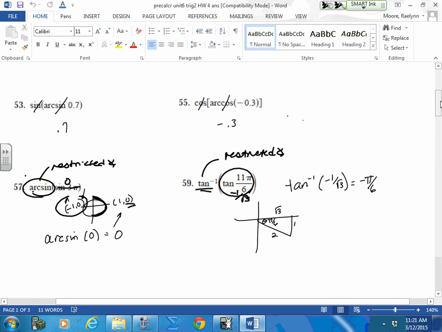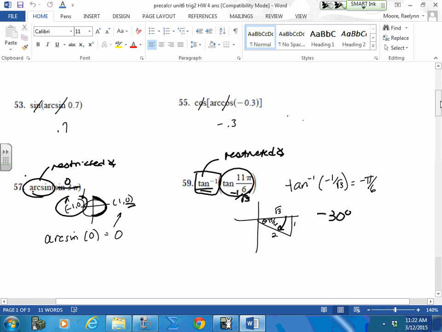So now all I have to do is name the angle from, what's my restricted domain for tangent? 1 and 4, but what's the domain go from? Negative 90 to positive 90. So I can't give it as this guy. I give it as negative pi over 6 or negative 30.